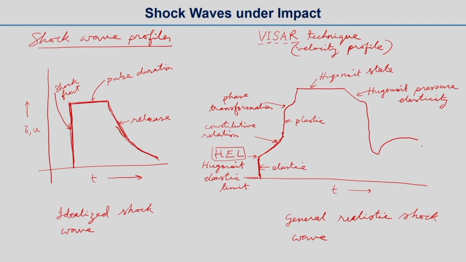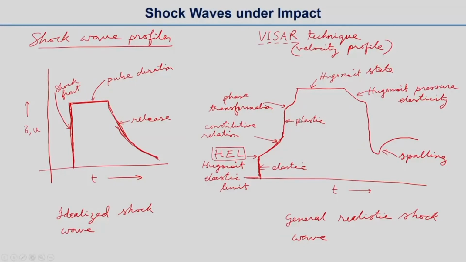This is actually related to spalling, which we will discuss in the next lectures. Spalling is nothing but the wave reflecting back from the free surface, and that can actually generate fractures. This is called spalling, and we will be discussing that later.